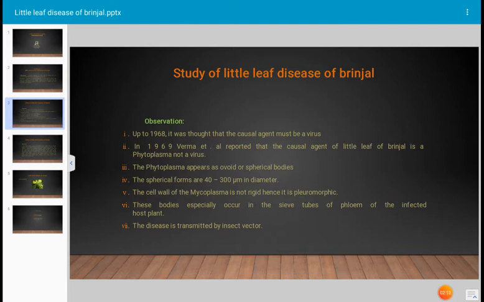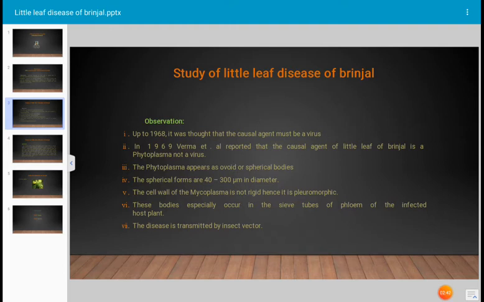What exactly we have to write about this? What you are observing is little leaf disease. Up to 1968, it was thought that the causal organism must be a virus. But in 1969, Verma, one of the plant pathologists, reported that the causal organism of little leaf disease is a phytoplasma, not a virus.